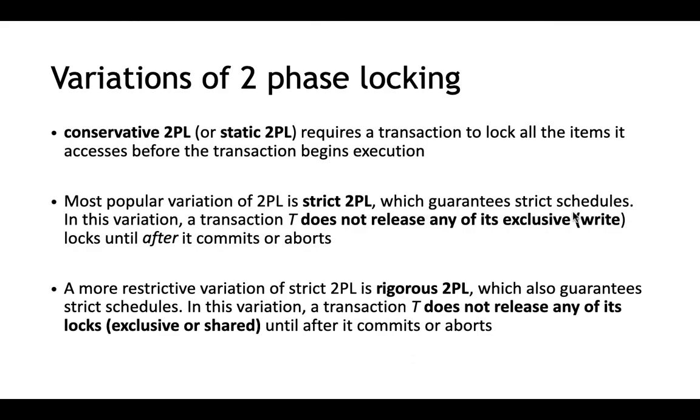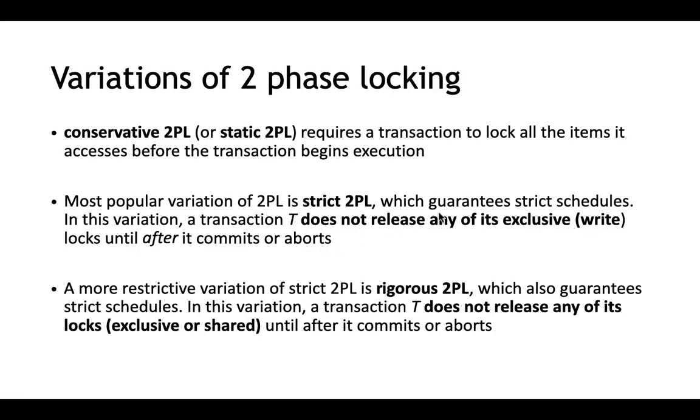So the variation is that a transaction T does not release any of its exclusive or write locks until after it commits or aborts. In ordinary two-phase locking, once the operations are completed, we don't wait for the transaction to commit. We start unlocking the things we have locked.